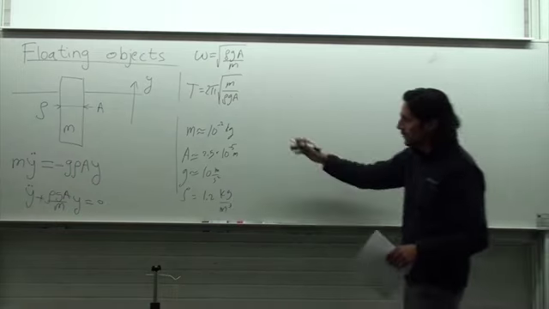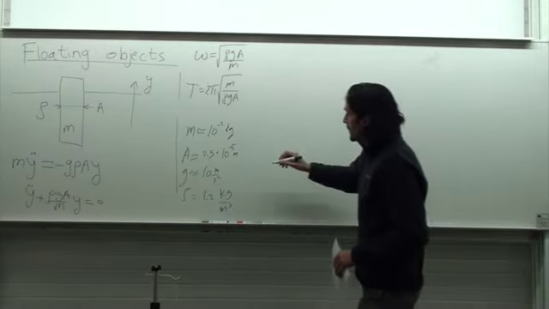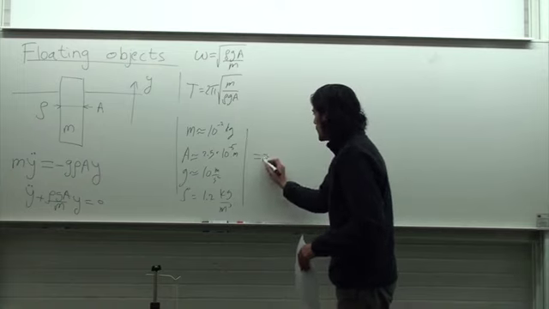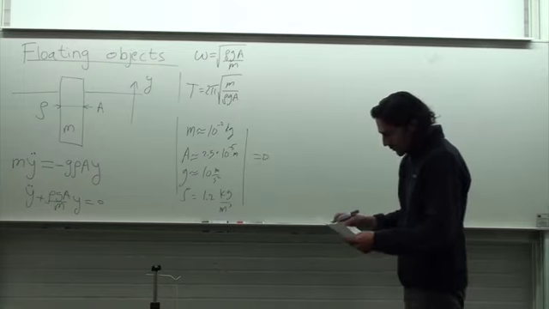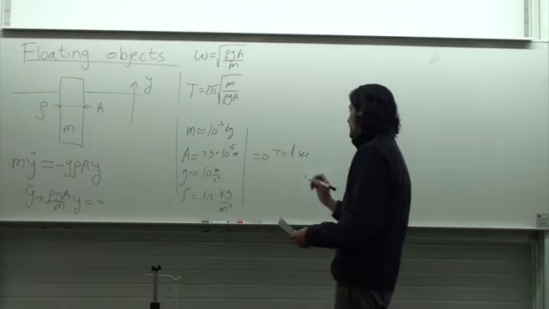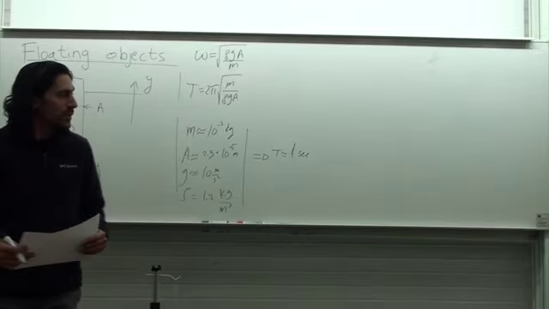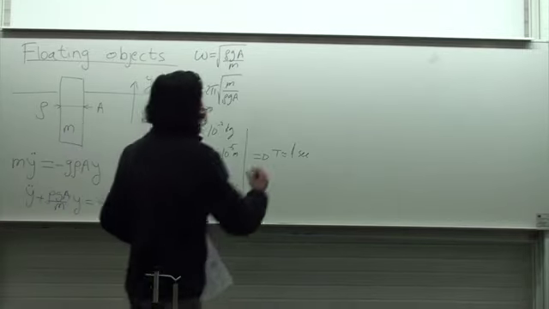Now if you take these numbers, you have a very small object. This would give you, if you plug the numbers there, a period of about 1 second. You can do the same with a ship.